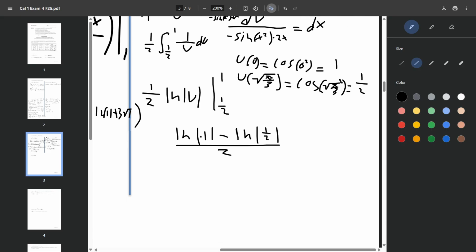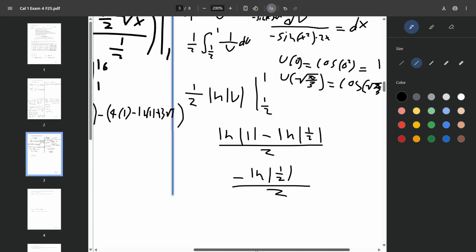Now ln of 1 equals 0, so our final answer is going to be negative ln of absolute value of 1/2 over 2. And that is our final answer.